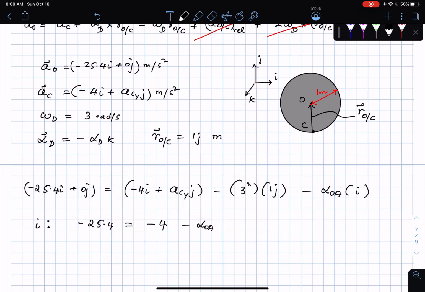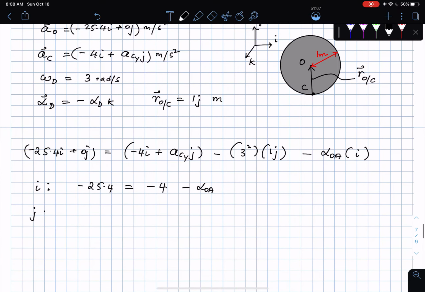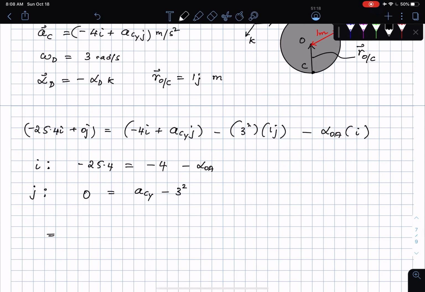Okay, so that's a negative, and then I do the j terms on both the sides. I'm going to have 0 is acy, and then minus 3 square. Okay, because that's the j term on both sides, which tells me that I can actually solve for the acceleration of point C completely. Okay, so acy is 3 square, which is 9 meters per second square.